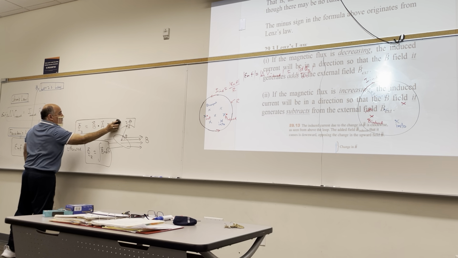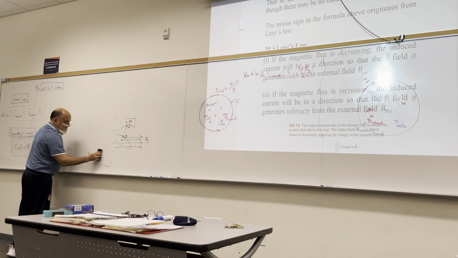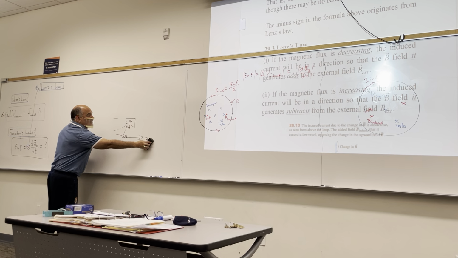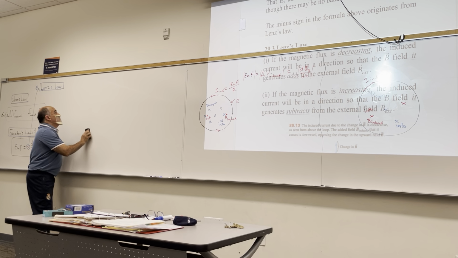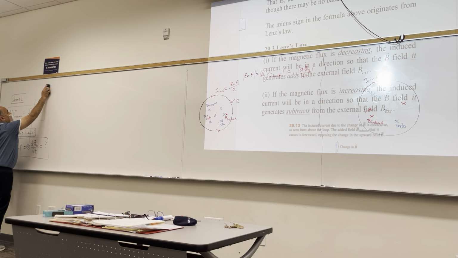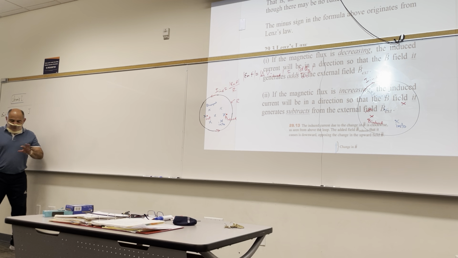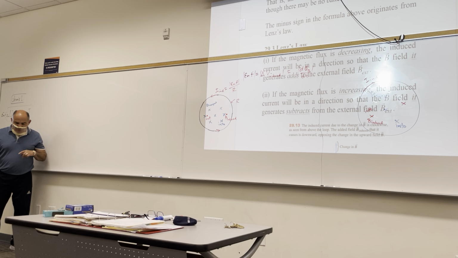There are some cool questions in chapter 29 in the textbook for which I wrote down solutions, where there's a situation going on, and then it asks, will the induced current be this way or that way. They're very interesting questions.